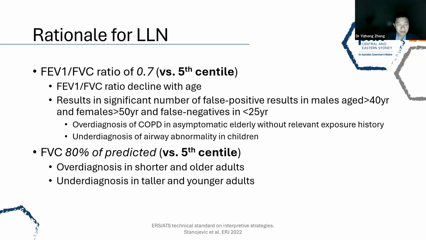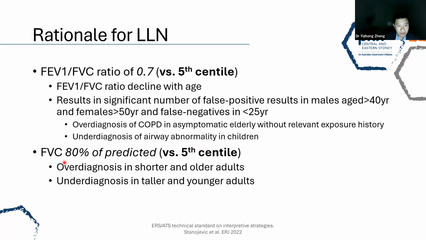If we keep the 0.7 ratio, such as in the GOLD guidelines, it results in a significant number of false positives in more elderly patients, so males aged over 40, females aged over 50, and false negatives in young patients. So there is overdiagnosis of COPD in asymptomatic elderly without relevant exposure, and underdiagnosis of airway abnormality in children.